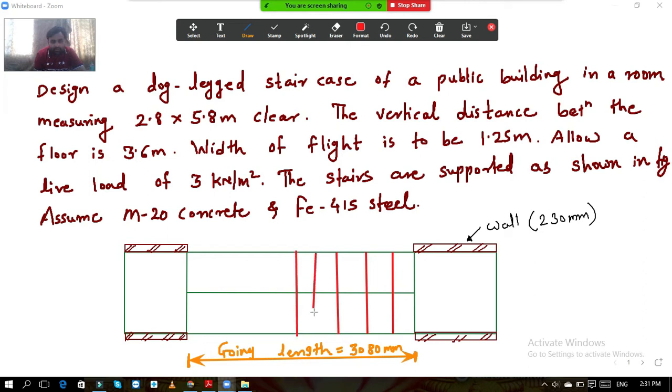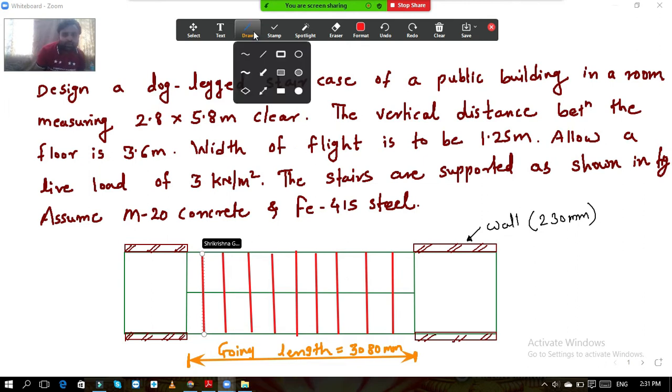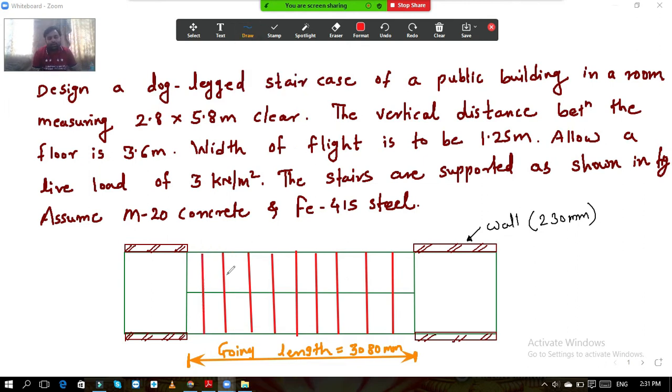Also I am drawing these treads randomly. We have calculated, but I have not counted how many treads I have drawn over here. So it should contain 11 treads. We will see, this is 1 2 3 4 5 6 7 8 9 10, and 11 treads must be there. One tread is less over here.